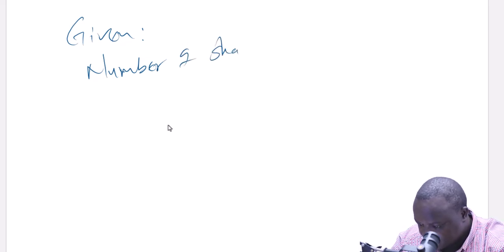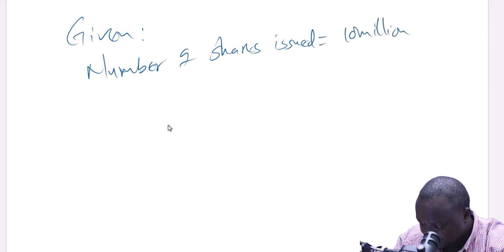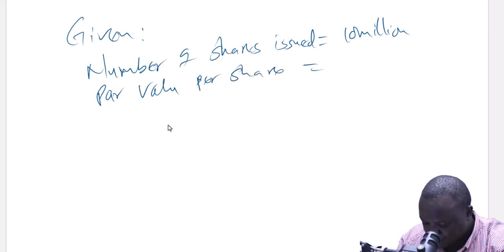We have been given that the number of shares issued equals 10 million. Then par value per share equals 0.50.